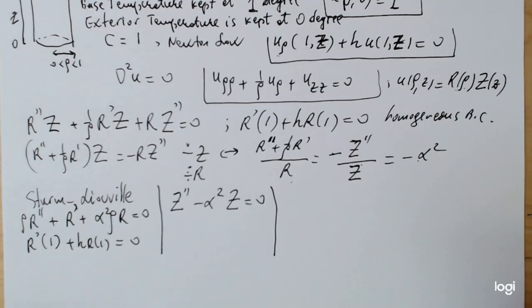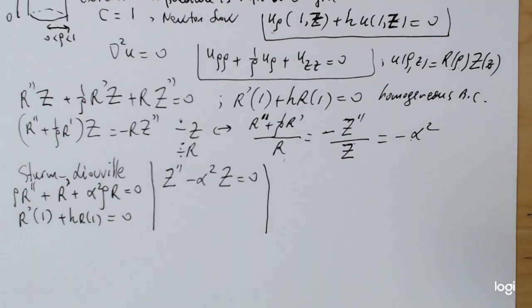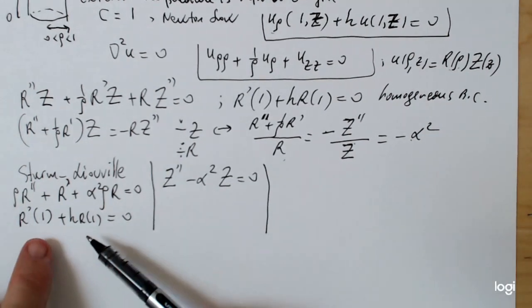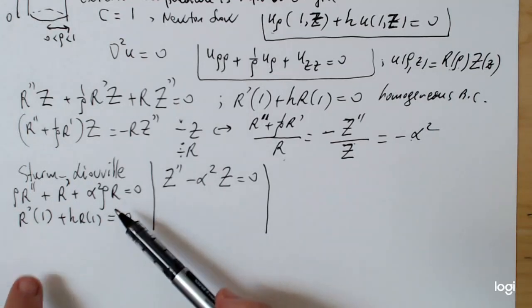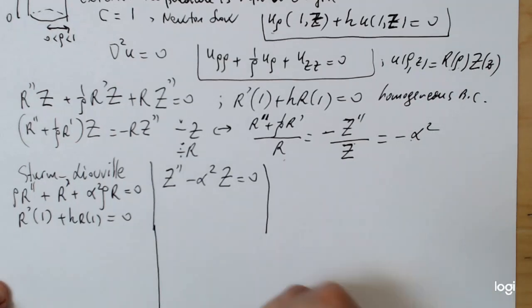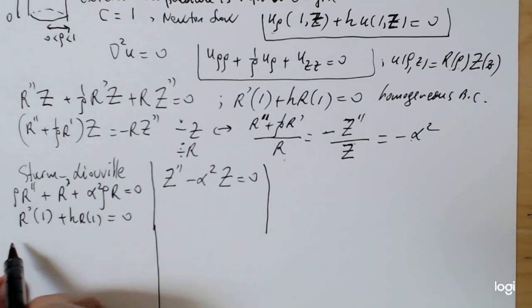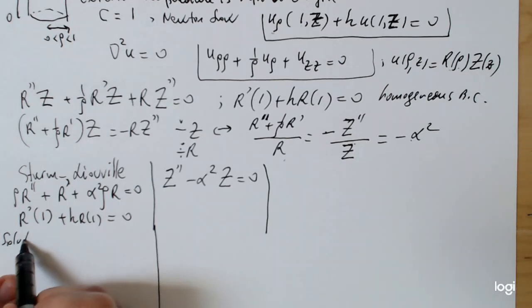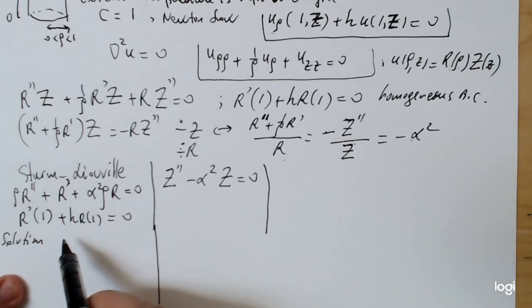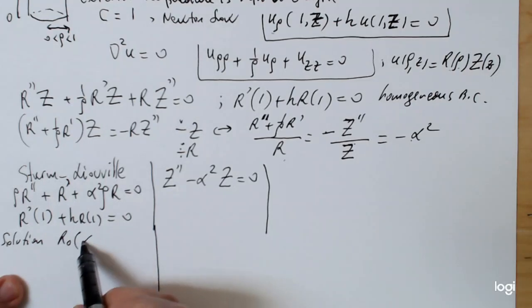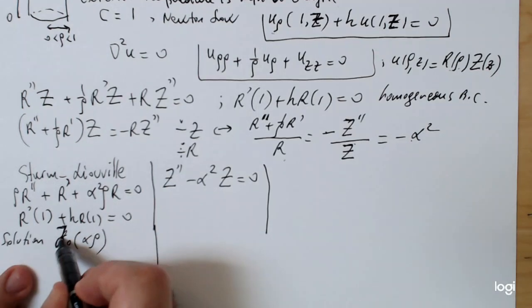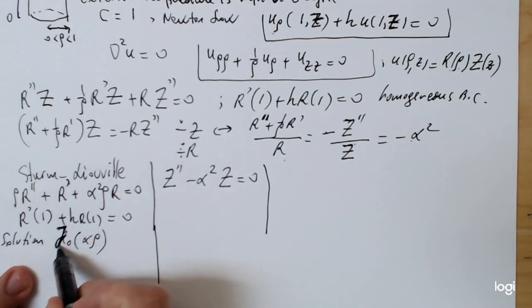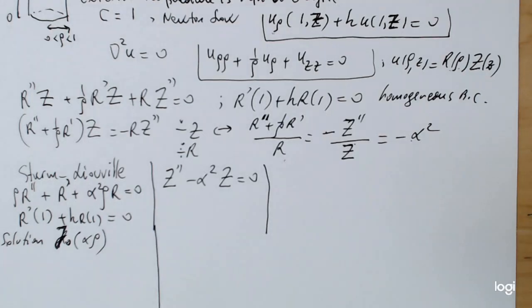All right, so pay attention now to how you write the solutions of the Sturm-Liouville problem. You look at the equation itself, and you recognize that this is a Bessel equation of order 0, right? So the solution is going to be J naught of alpha rho, the Bessel function of the first kind.